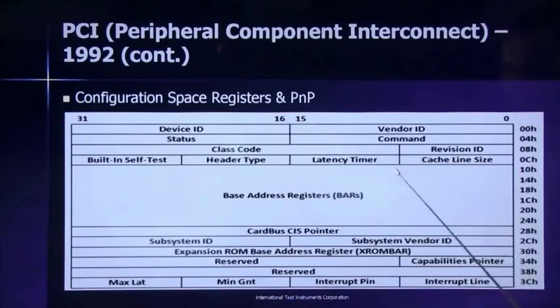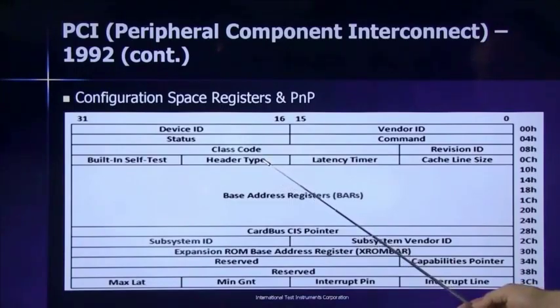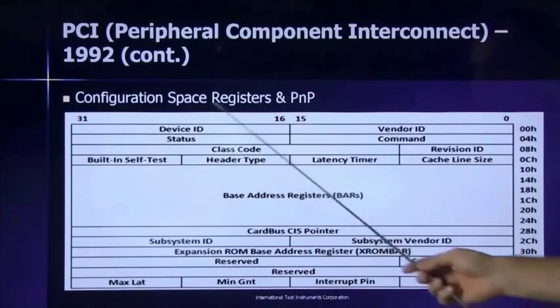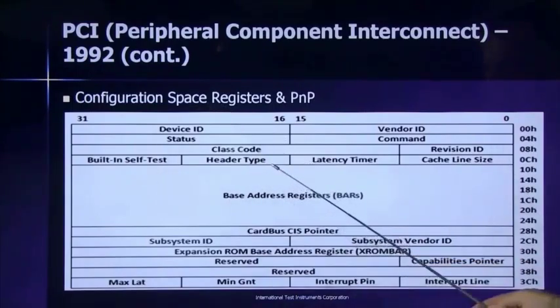Cache line size, latency timer, and built-in self-test I'm not going to talk much about. The header type is a field that describes whether this particular device is an endpoint device, whether it's a bridge, or whether it's some other type of device.